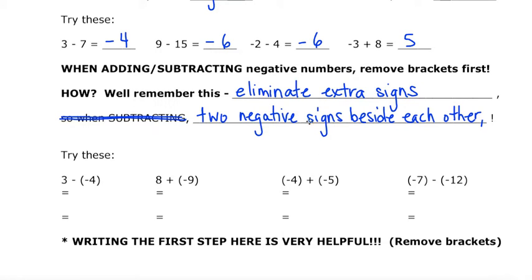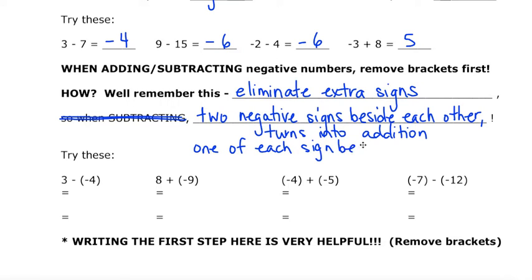So two negative signs beside each other turns into addition, or two negatives make a positive, and one of each sign beside each other turns into subtraction.